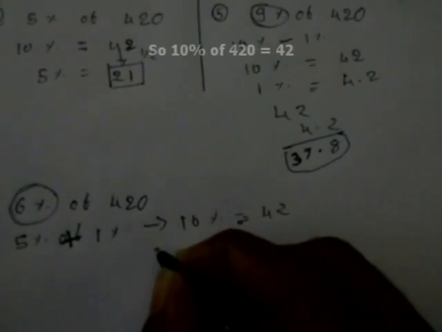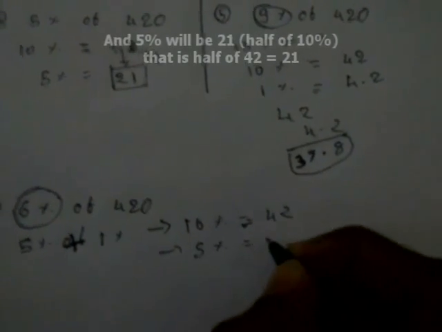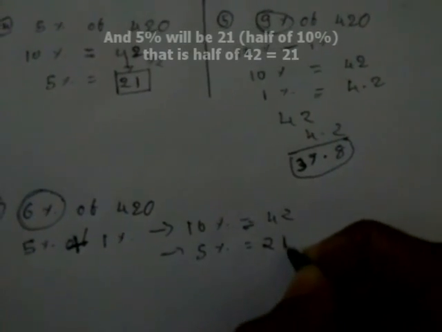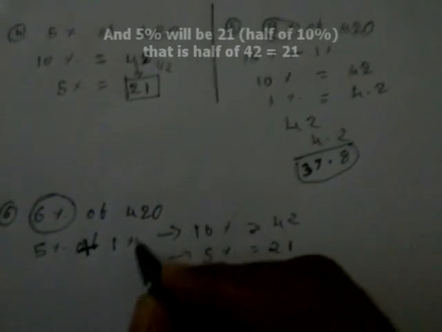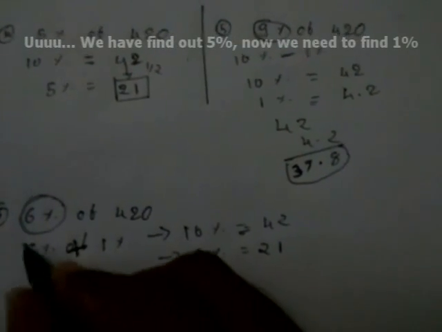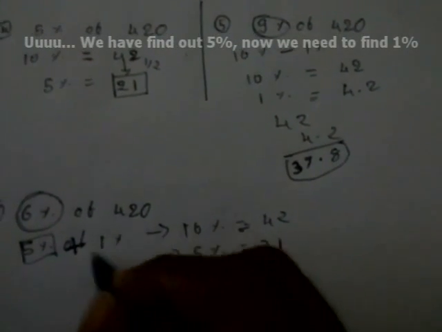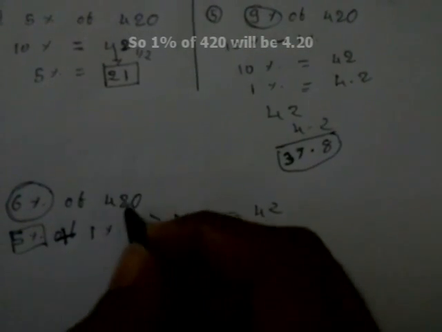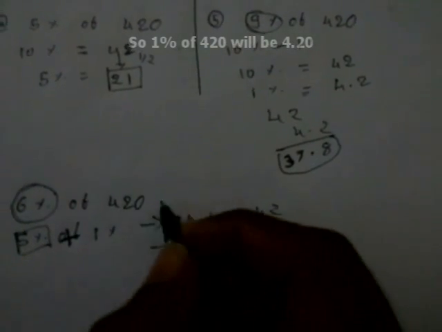So 10% will be 42 and 5% will be 21, correct? Now we have found the 5%, now we need to find the 1%. So 1% of 420 will be 4.2.